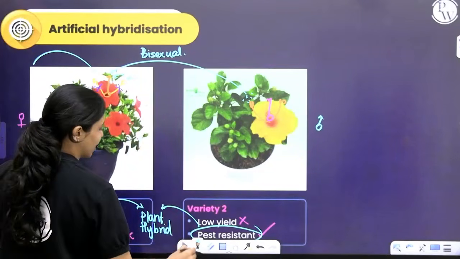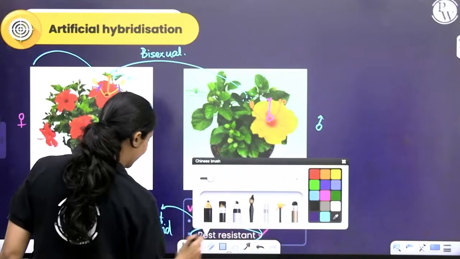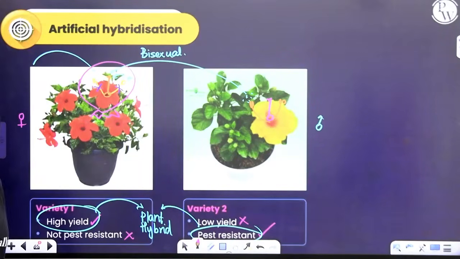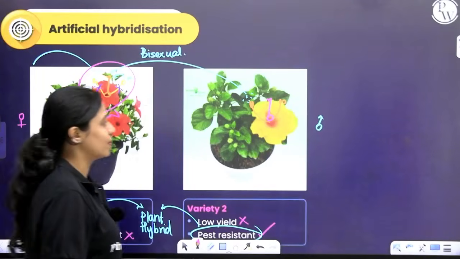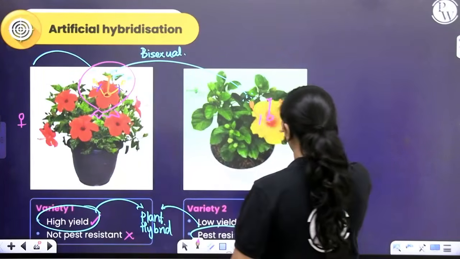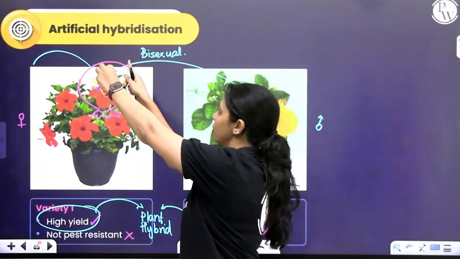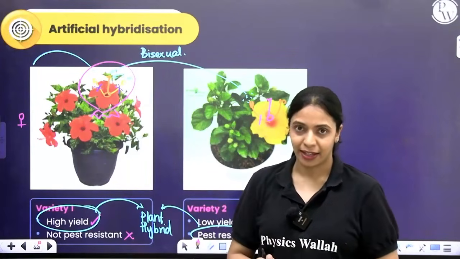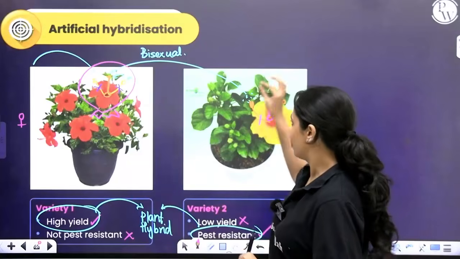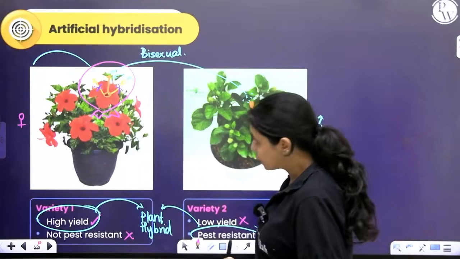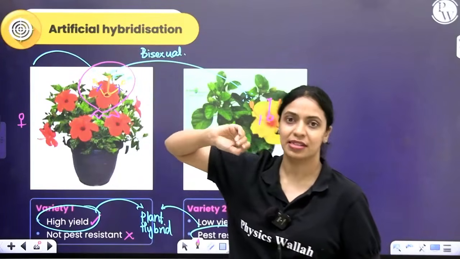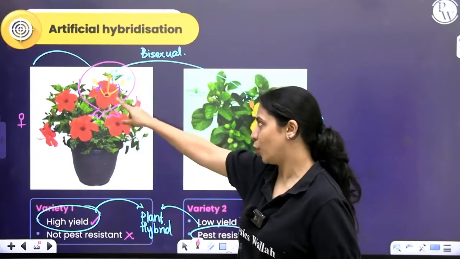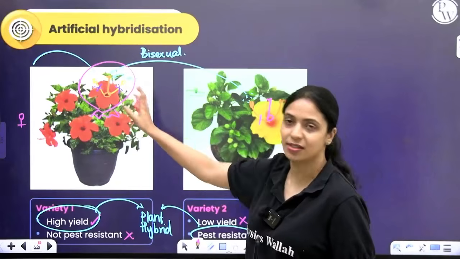Immediately after removing the anther and emasculating it, I will tie a bag around it. This step is called bagging. And once the stigma becomes receptive, I will cut this anther, go and dust the pollen on top of it and tie a bag around it again. That is called rebagging. That ensures that whichever pollen I am interested in is the only one depositing on the stigma.